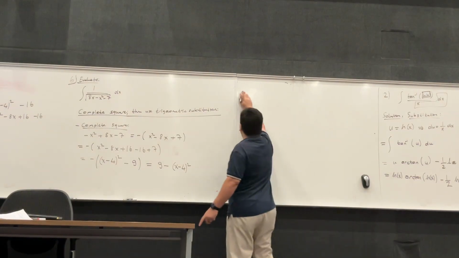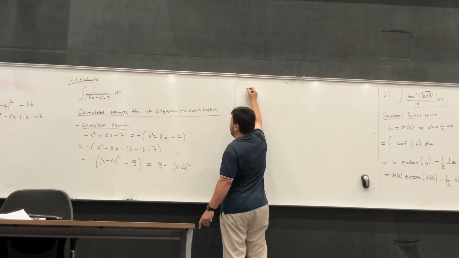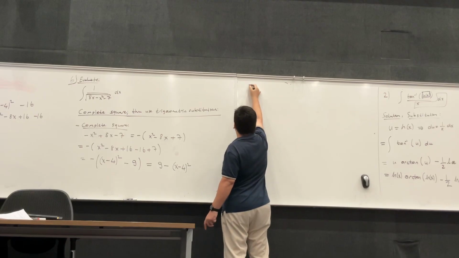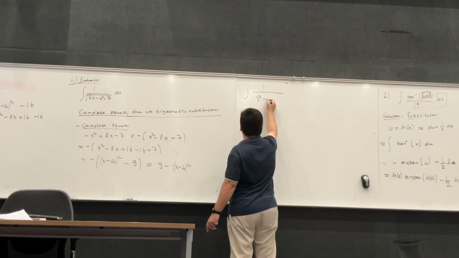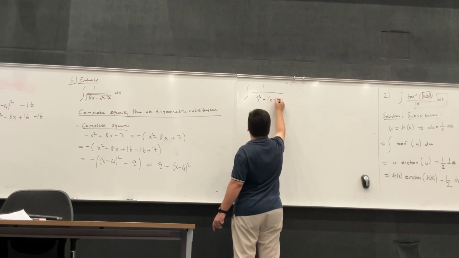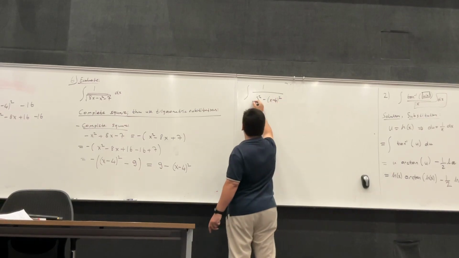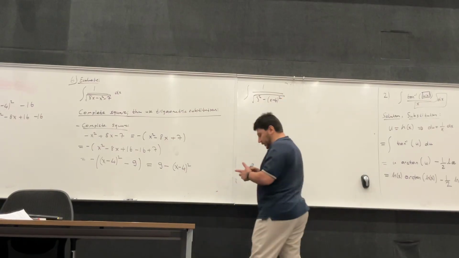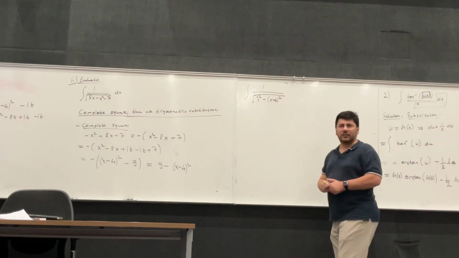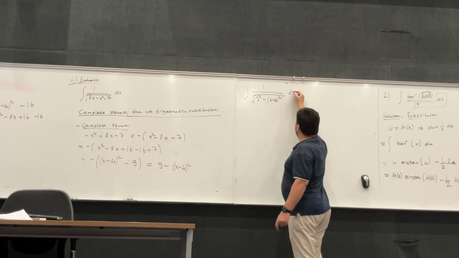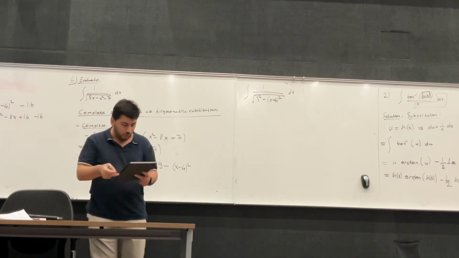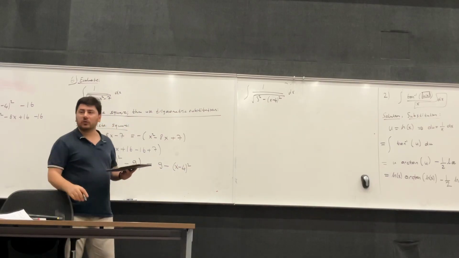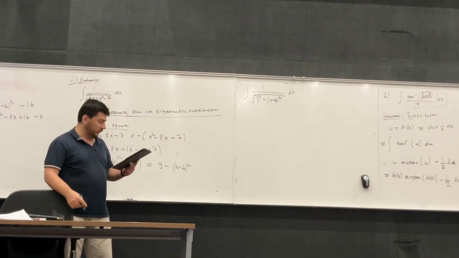So now I can do the trigonometric substitution by changing this expression to 3 squared minus x minus 4 squared. Now, if you see constant squared minus something squared, what's the substitution we are doing?